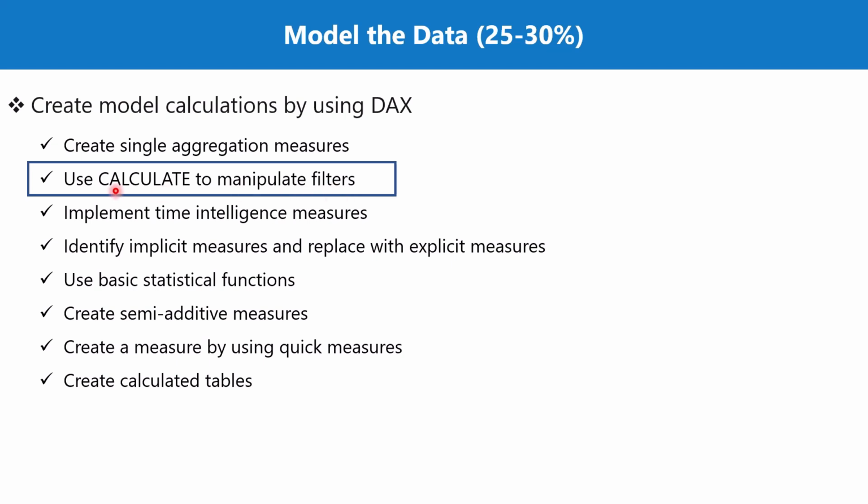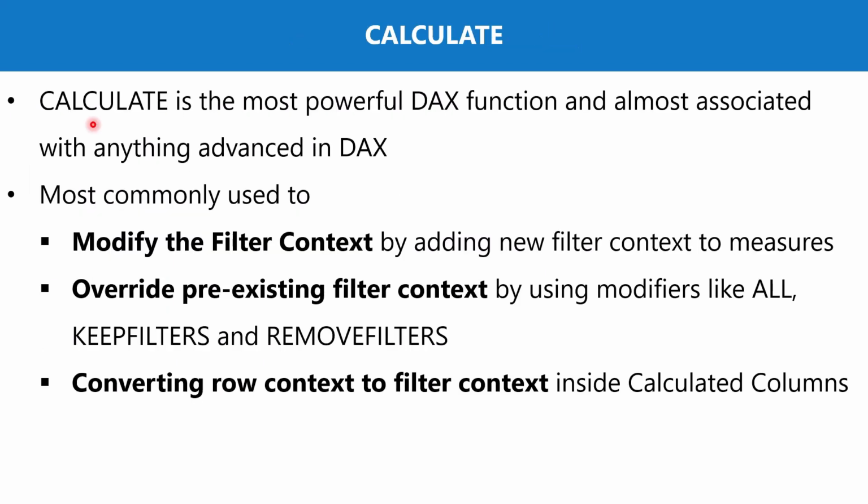So now in this video, we are going to focus just on the definition of the calculate function, how we can use this calculate function, and in what ways this calculate function can be used to manipulate the filter context or the filters. So calculate is probably the most powerful DAX function and almost associated with anything advanced in DAX.